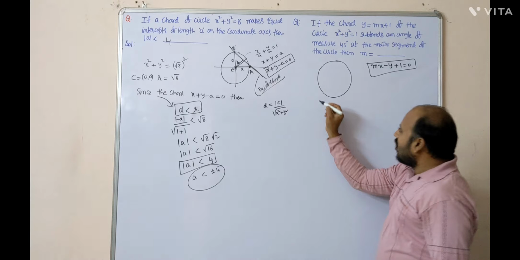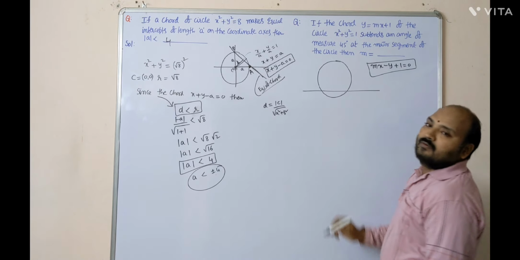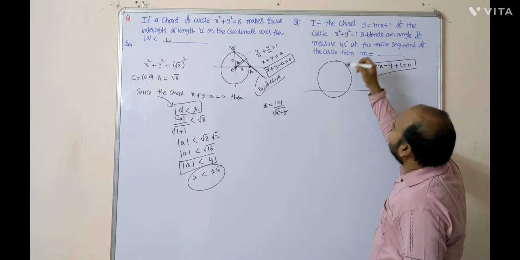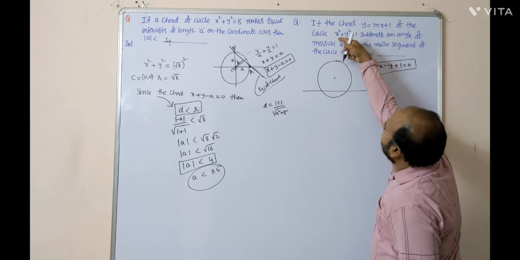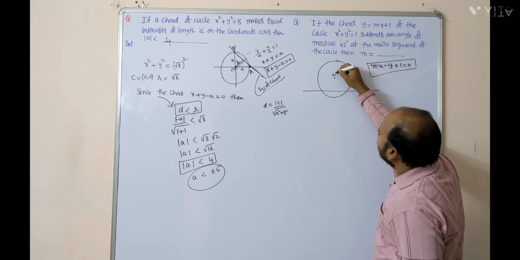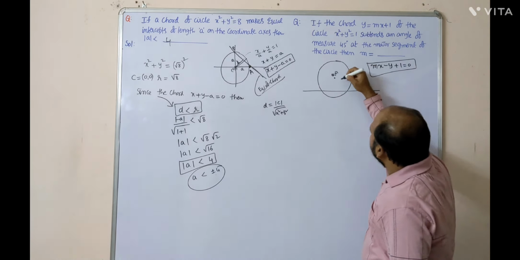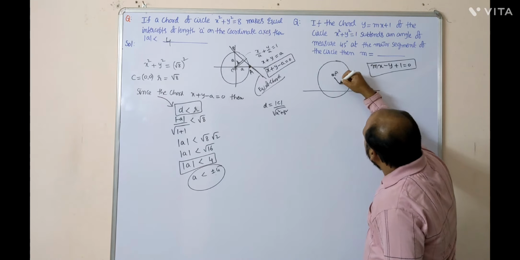So this chord, if the chord of the circle, center is what? Clearly here 0, 0 only, no? Radius is 1 unit, 1 square means 1. From here to here it is radius, 1 unit.